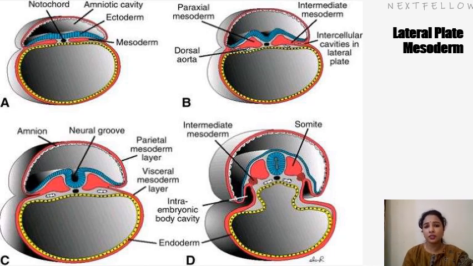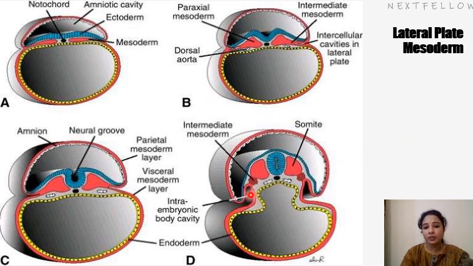Initially small cavities appear, and these cavities fuse to form a large horseshoe shaped cavity, which is called the intraembryonic cavity or coelom. During the second month the intraembryonic coelom is divided into 3 parts, which we are going to see in the next image.